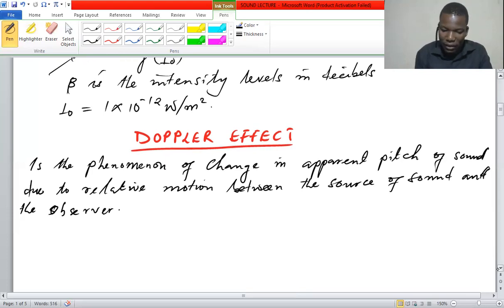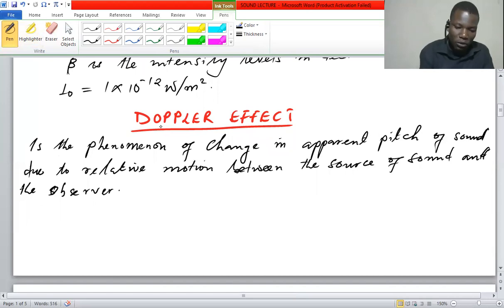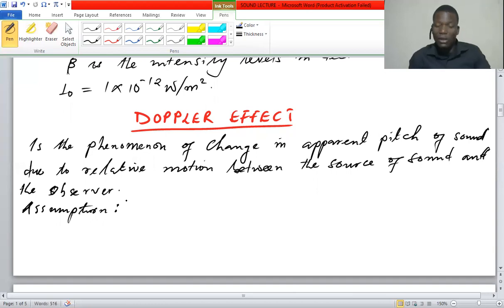Now, when we're dealing with Doppler effect, we need to make assumptions before we begin to derive. Someone was like, wow, physics is all about assuming.